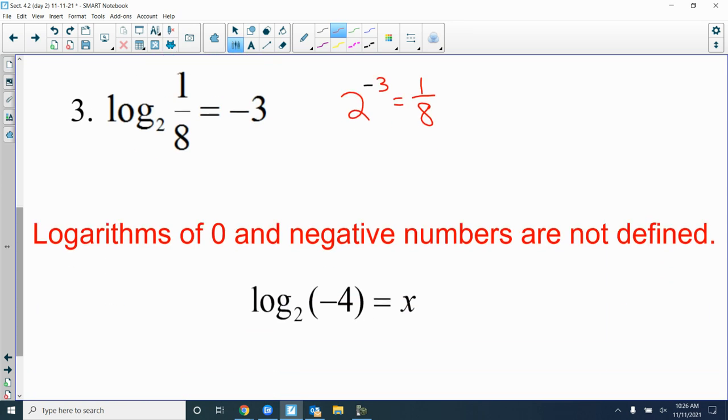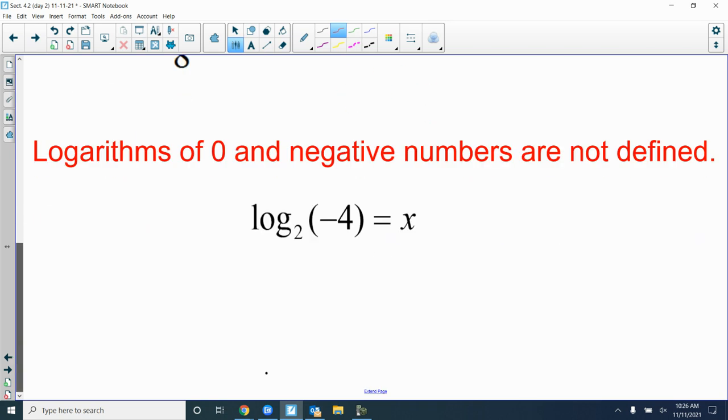There at the bottom, logarithms of 0 and negative numbers are not defined. You cannot take the log of 0. You cannot take the log of a negative number. I just want to throw that up there. Why not? Well, if you could, how would you rewrite this in exponential form? Log base 2 of -4 equals some number x. You would say 2 to the x equals -4.